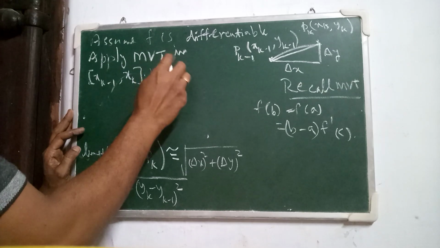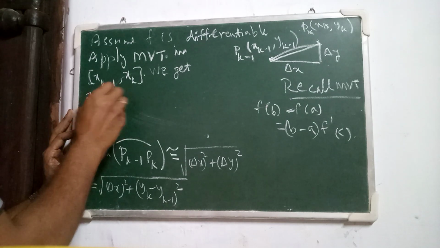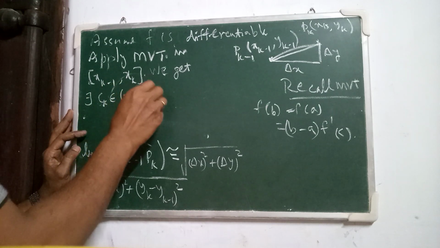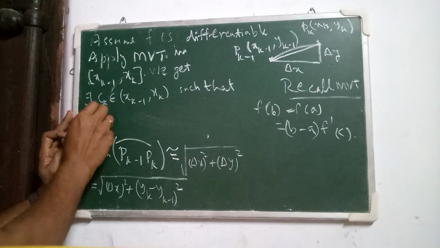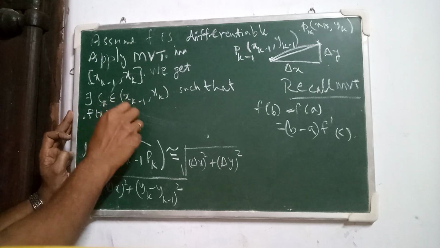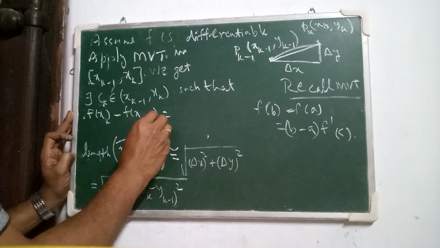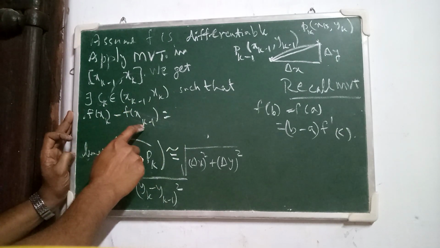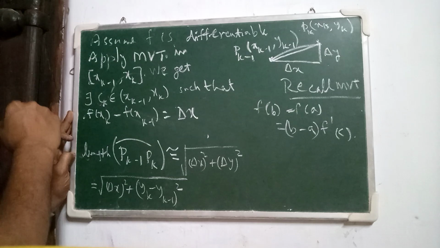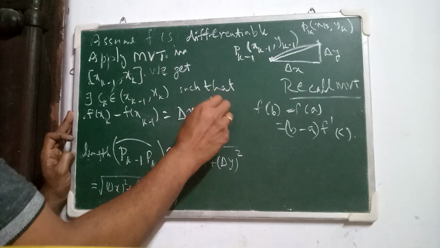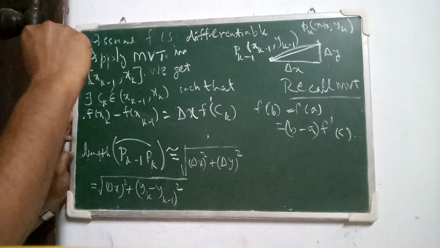We get there exists a c k in between x k minus 1 and x k such that f of x k minus f of x k minus 1 is equal to x k minus x k minus 1, it is delta x, into f dash of c k, where c k is a point in between x k minus 1 and x k.